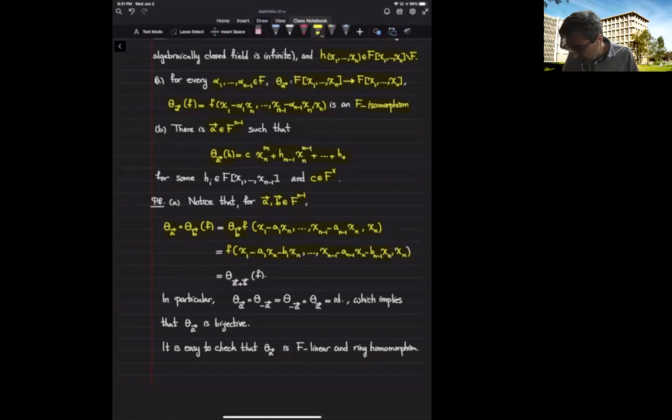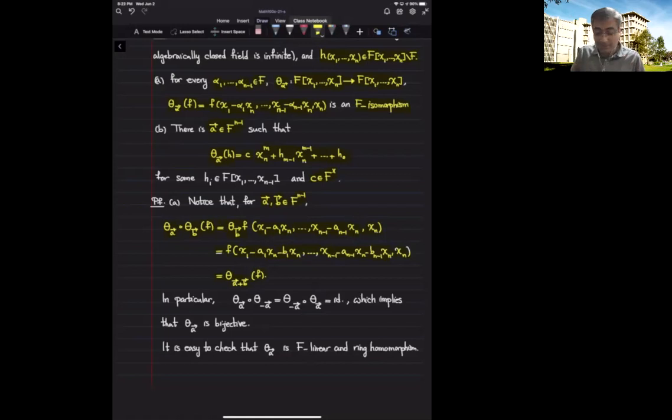But this is what? This is a1 plus b1 times the last term. a2 plus b2 times the last term. So this is precisely theta sub a plus b of f. So it is a map of the same type, but the parameters add up.